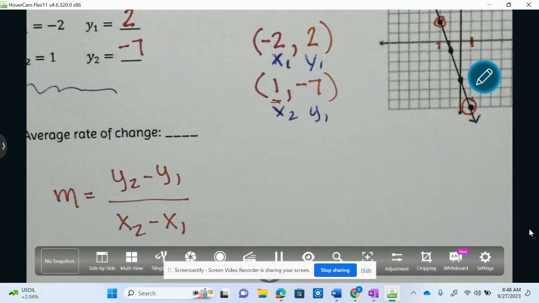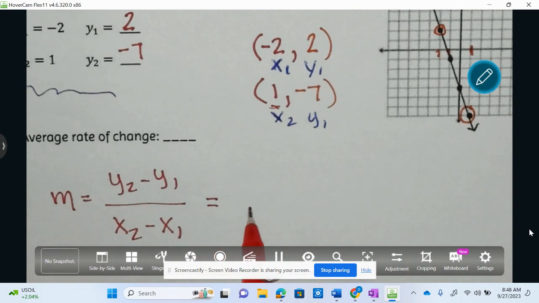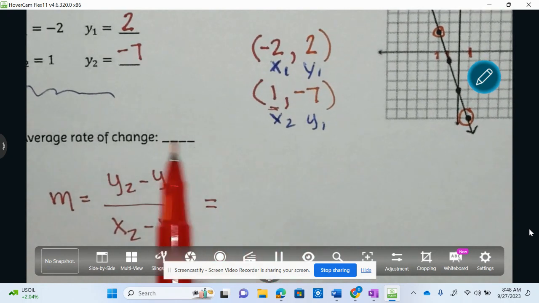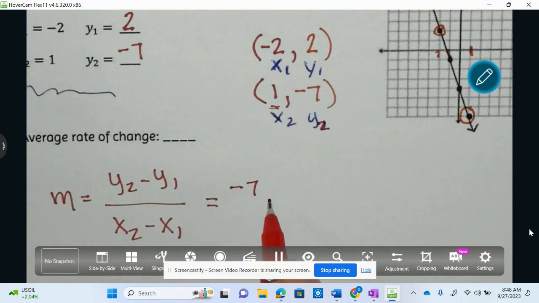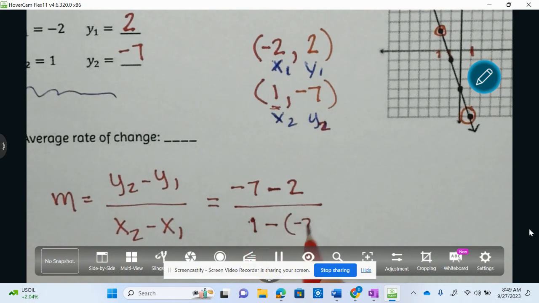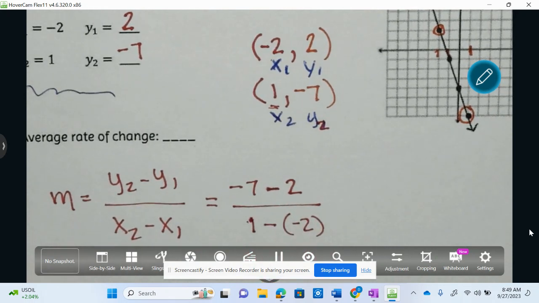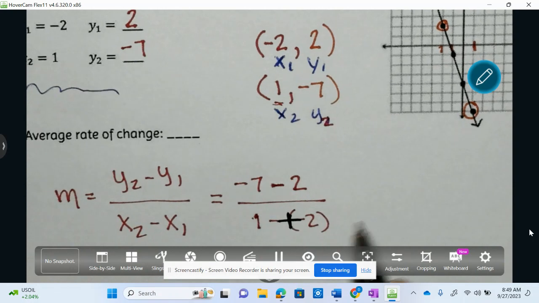Okay, so what value am I plugging in for y sub 2? Y sub 2 is -7. Sorry. What is y sub 1? Okay, over, what is x sub 2? And thank you. What happens when I have minus and negative? Minus and negative turns into a great big plus.